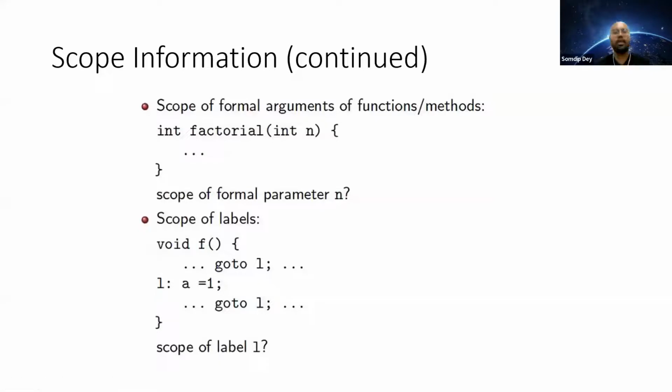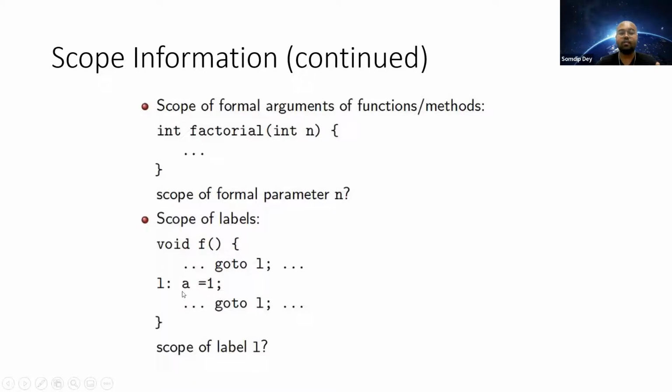Now, let's look into the scope of labels. Let's say you have a function which has a return type of void, and the function is f. Inside the function, you say go to L, which is a label. Here, at a later stage inside the function, you define that L is the label.